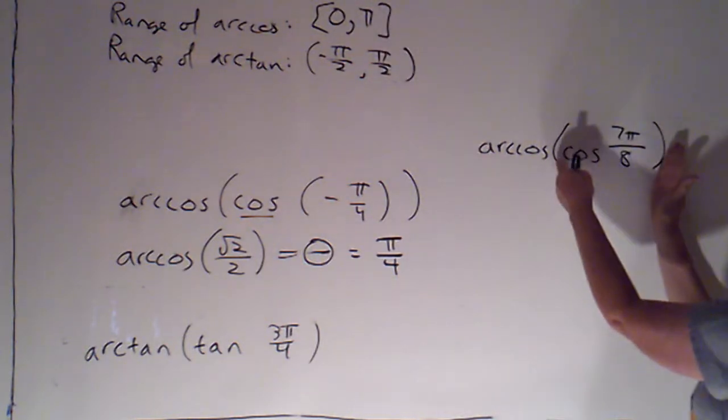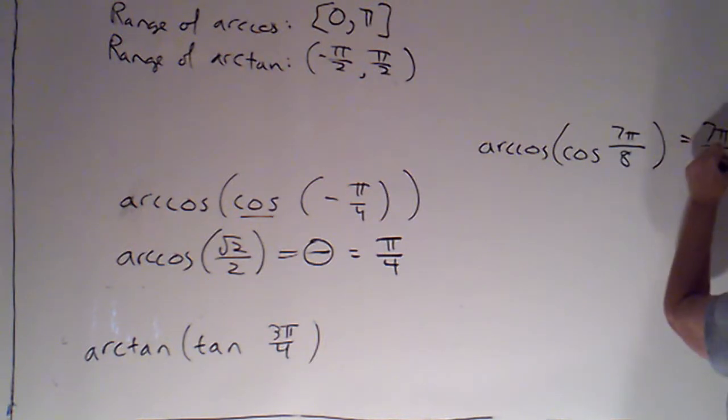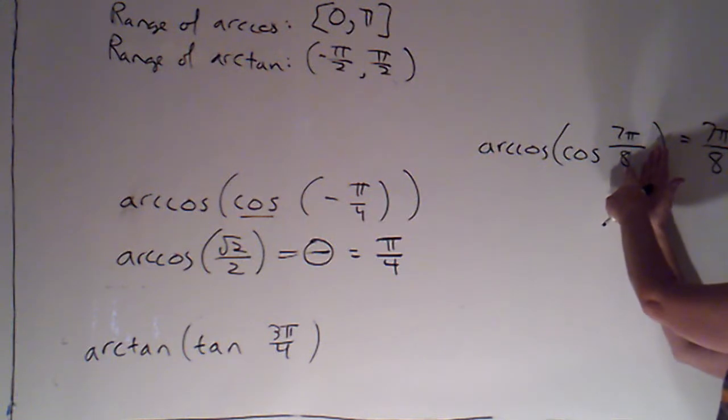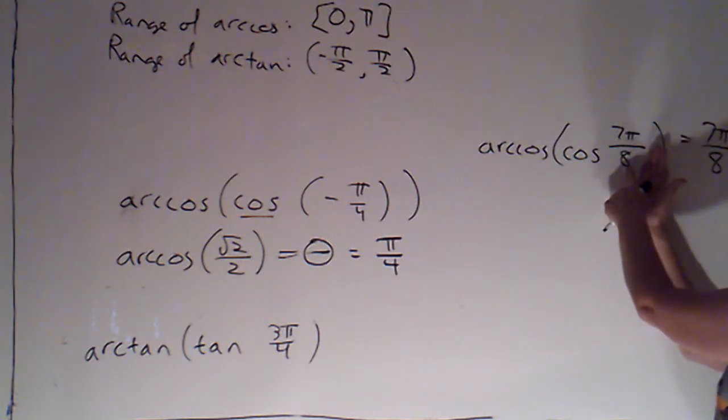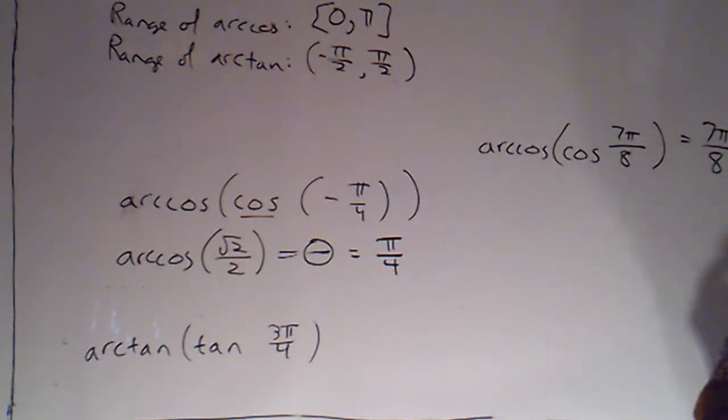So I could view this as cosine applied on that restricted domain. This would just be 7 pi over 8. And it's important that I know that because I don't know off the top of my head what cosine of 7 pi over 8 is. But I can evaluate this whole thing by using the fact that it's a composition of inverse functions.